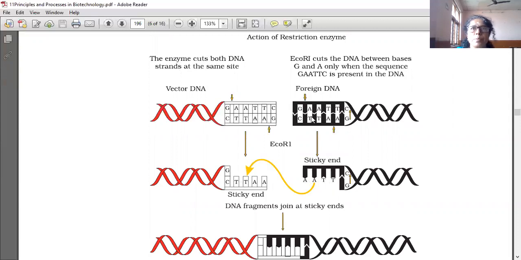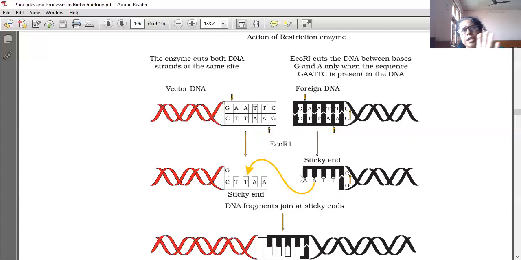So now you may have understood why this restriction enzyme cuts the same sequence in both the DNAs: only then will the complementary pairs come like this. Both of them should be complementary, because thymine always joins with adenine, adenine with thymine, cytosine with guanine and guanine with cytosine. There is no doubt in that.